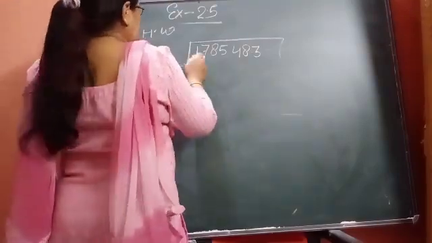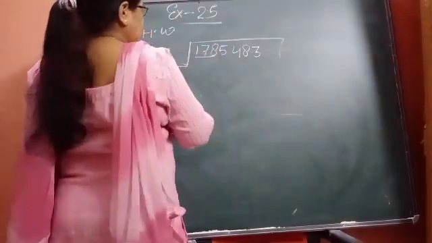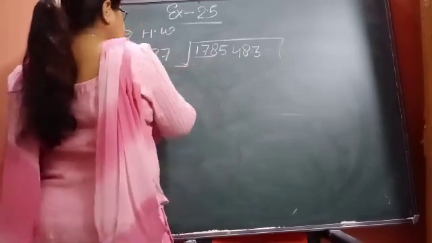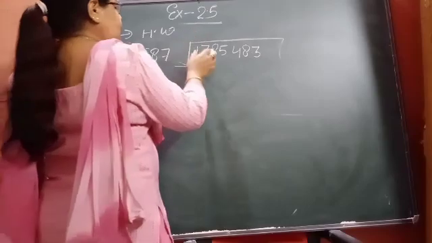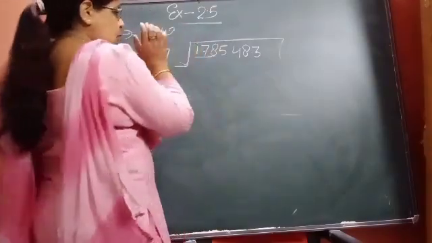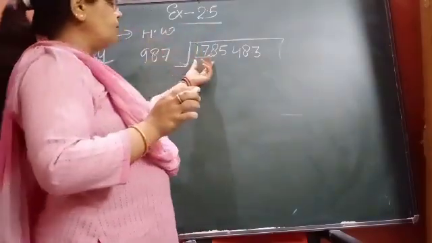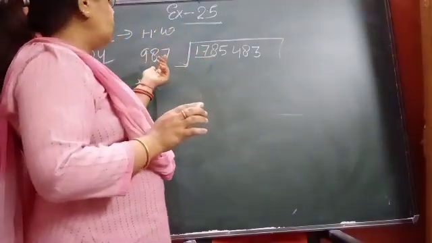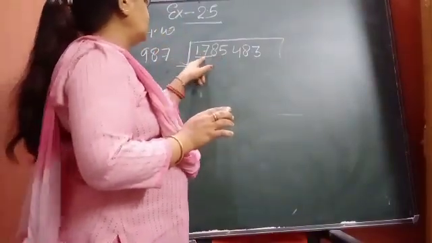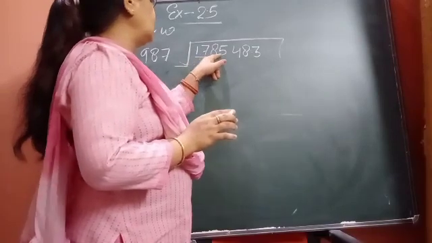If I take 178, it will be less than this, so we can't take it. What I taught you is that the number in which you are making the division is always greater than or equal to the divisor. So you have to take 1785.